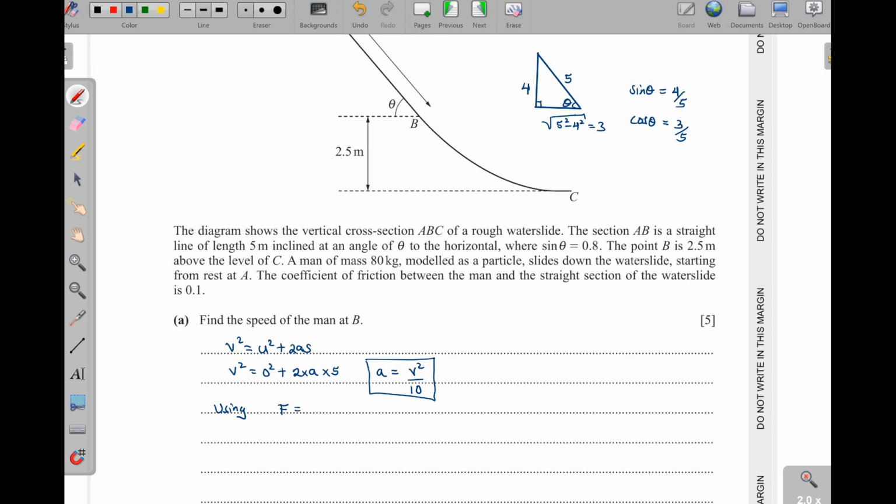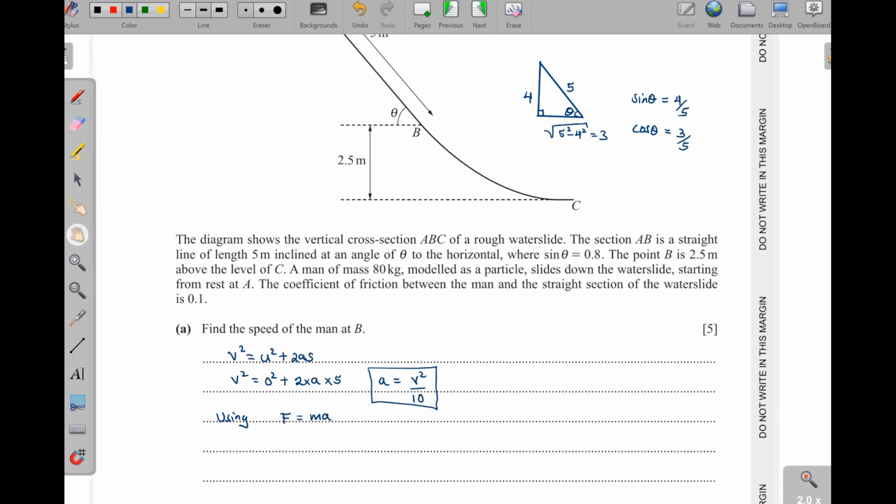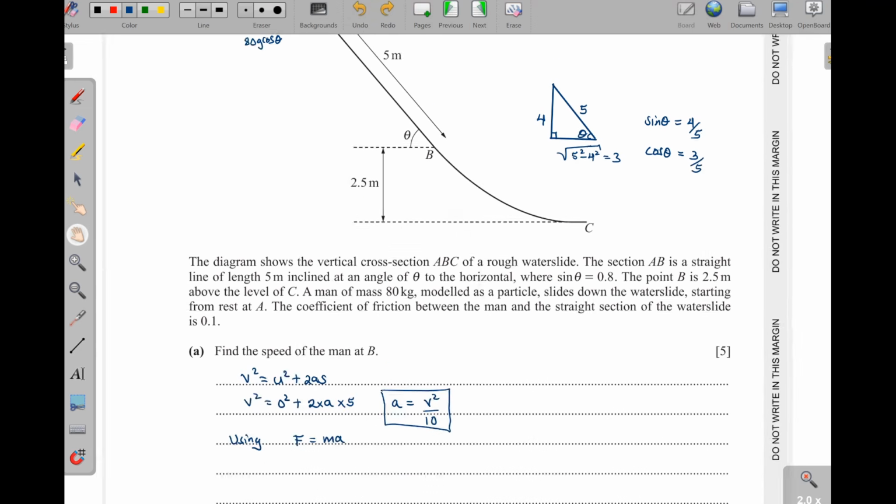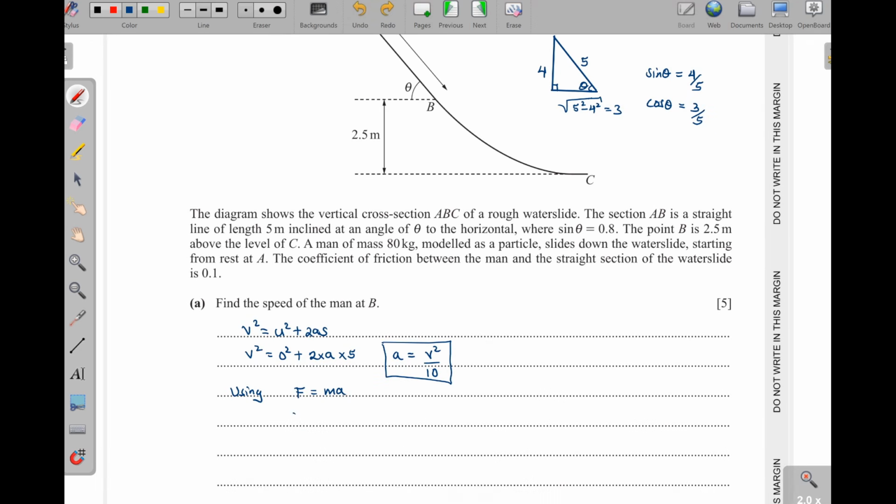Now, using F is equal to ma, this force here is taking this particle downwards, then minus the resistance force, the frictional force. So we shall have 80g sine theta minus mu R is equal to 80a.